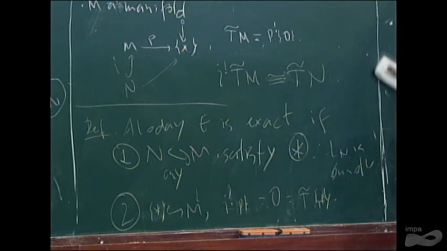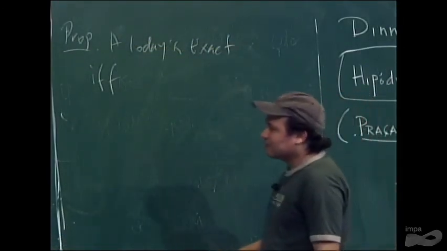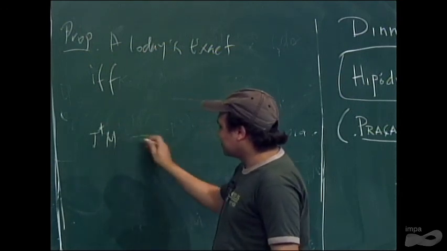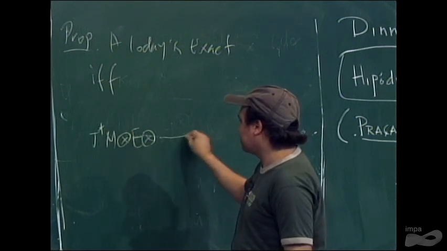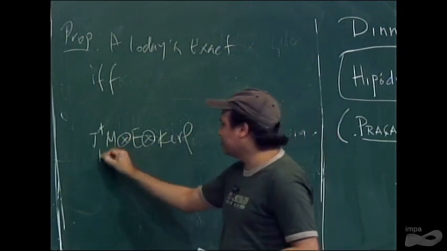And to finish, this is the definition of an exact Lie algebroid. Then the proposition: a Lie algebroid is exact if and only if you have an exact sequence for each point.